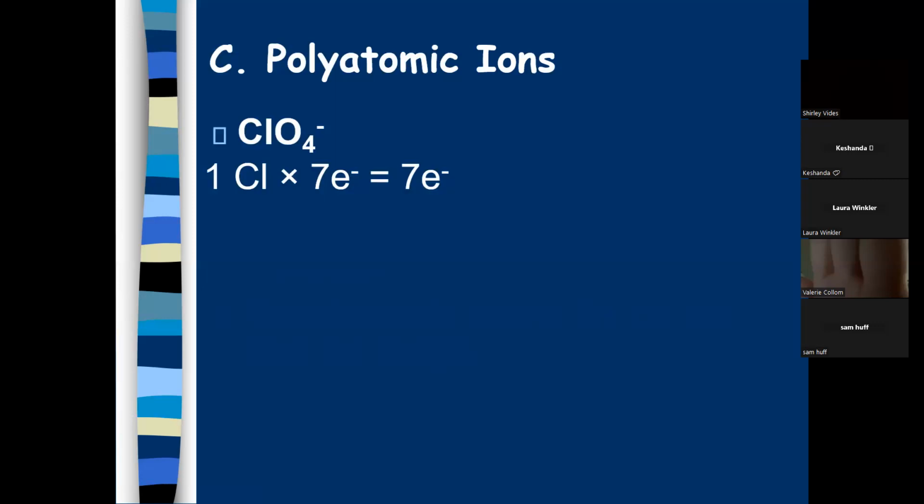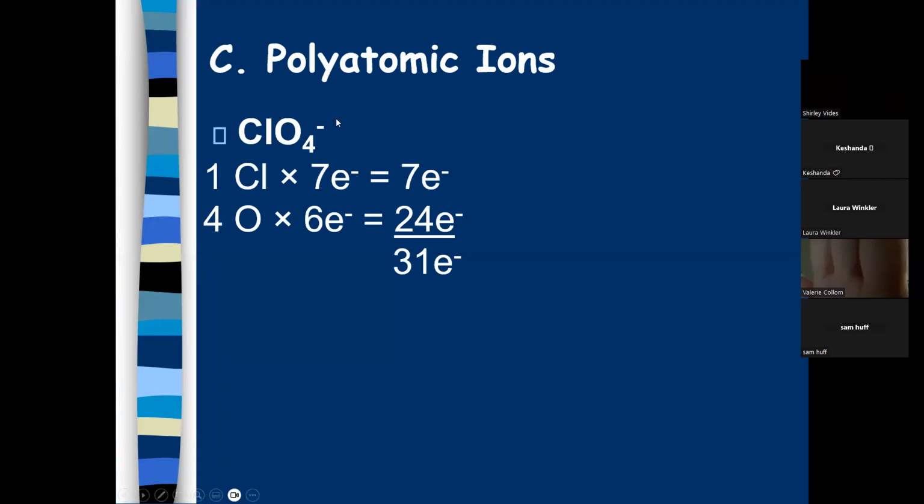And they're in group 6, and that gives us 24. And you notice that if we added it like this, it would be an odd number, right? Well, we don't like odd numbers because they lead to radicals, and radicals are unstable. So we add 1 more electron from the charge.